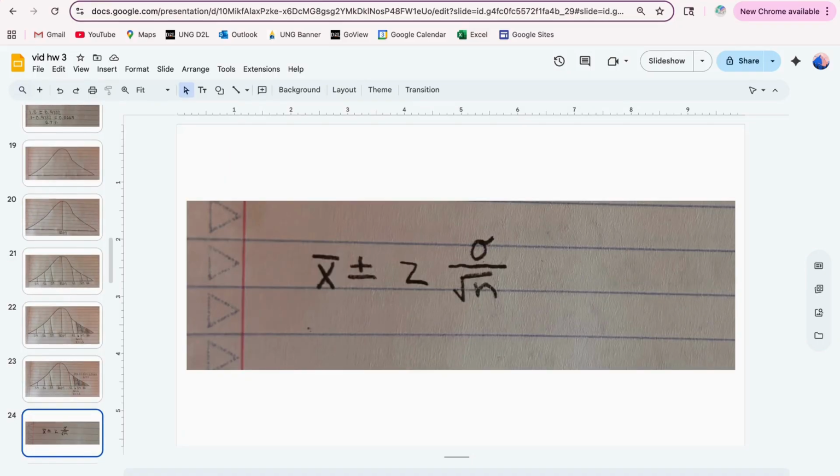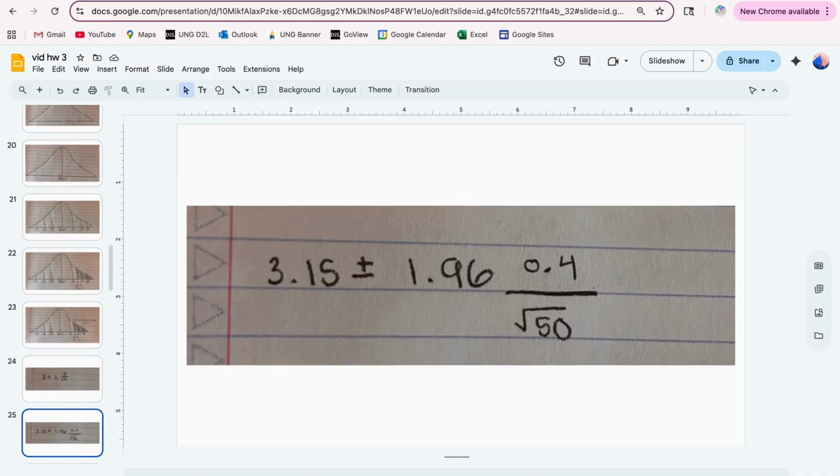To construct the confidence interval, we use the formula sample mean plus or minus c times standard deviation over square root of n. We plug in our values: 3.15 plus or minus 1.96 times 0.4 over square root of 50.